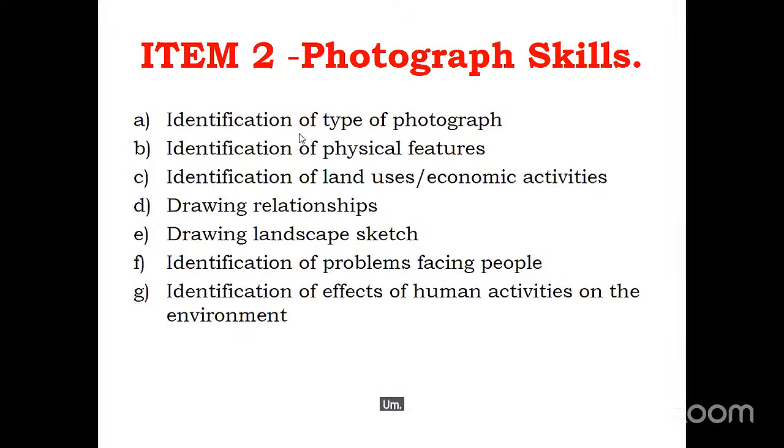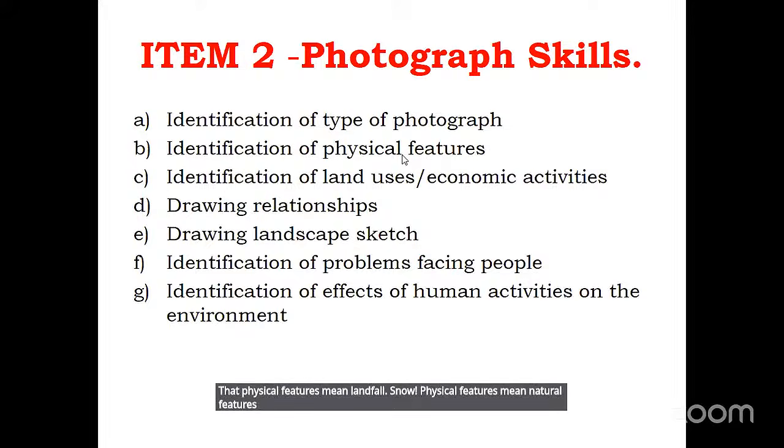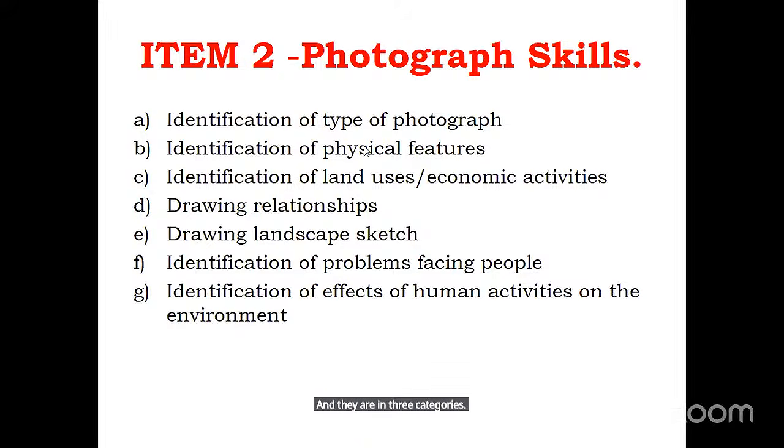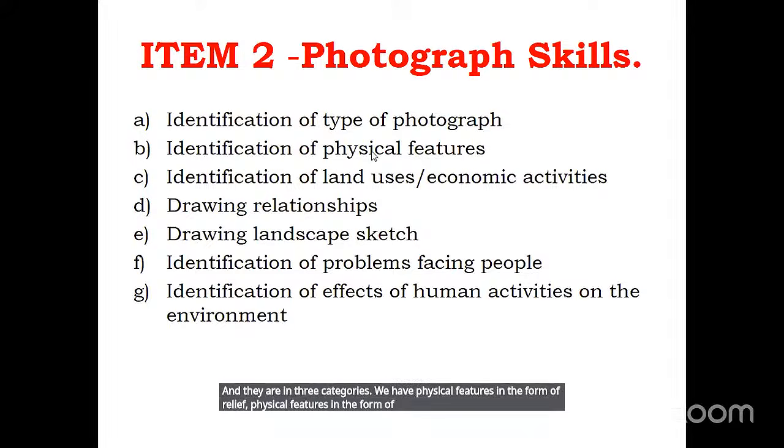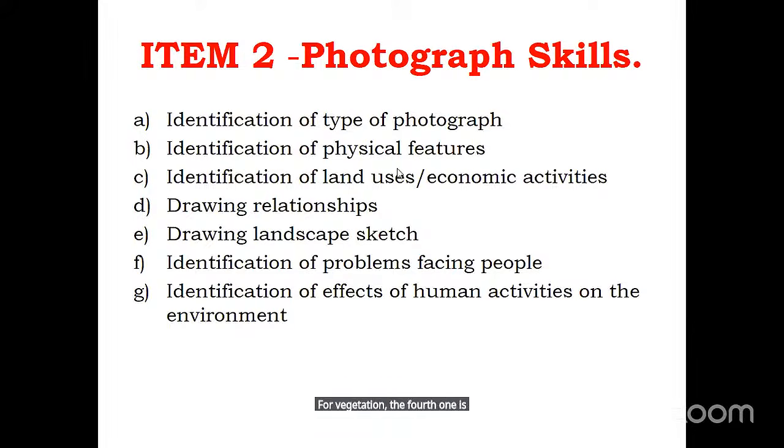In interacting with students, they wrongly think that physical features mean landforms. No, physical features mean natural features, things that exist on their own and were created by God. They are in categories: physical features in form of relief, in form of drainage, in form of vegetation. The fourth one is climate.